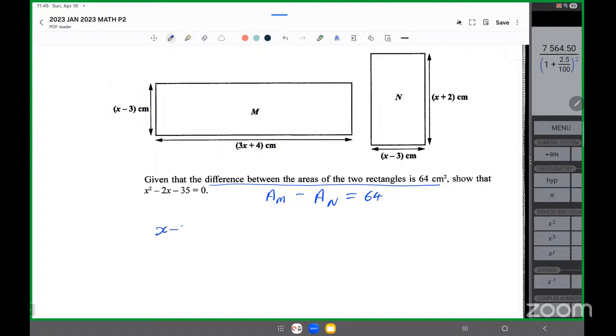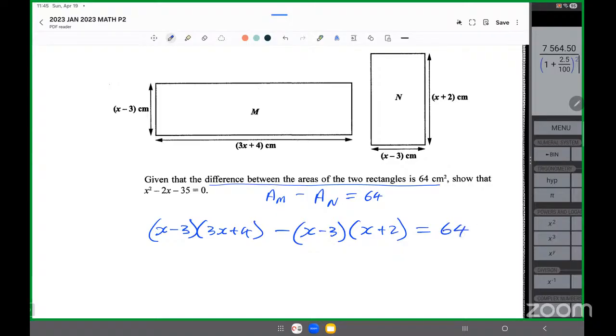That's x minus 3 times 3x plus 4. That's the area of M. Minus the area of N, which is x minus 3 times x plus 2. That's all equal to 64.